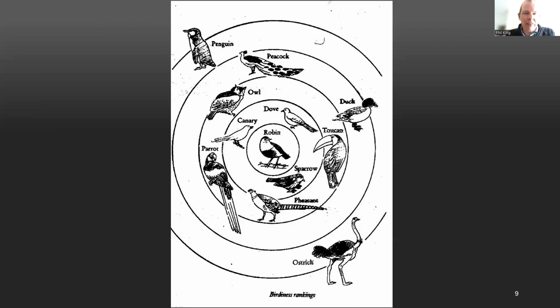Other prototype effects from Rosch's research were that people were quicker to answer yes or no to a question like an X is a Y, i.e. a robin is a bird, with more prototypical instances than they were with more marginal members. It took them longer to answer yes or no when they were asked, a duck is a bird. So do we have some kind of prototypical picture of a bird? It has wings and feathers and lays eggs.